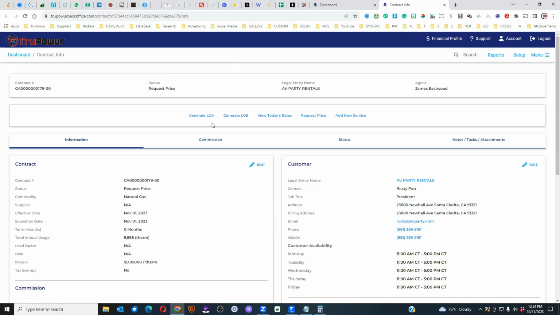And what these two documents do is the letter of authorization allows us to get an accurate reading of their usage from the utility, and the LOE, which is a letter of exclusivity. If we want to include their current supplier in the reverse auction, we need to have that letter of exclusivity.